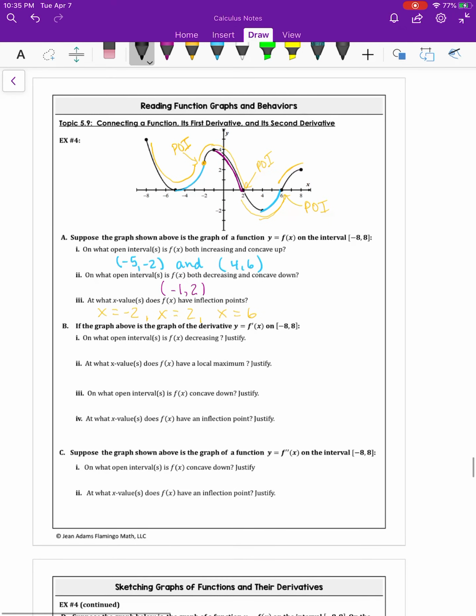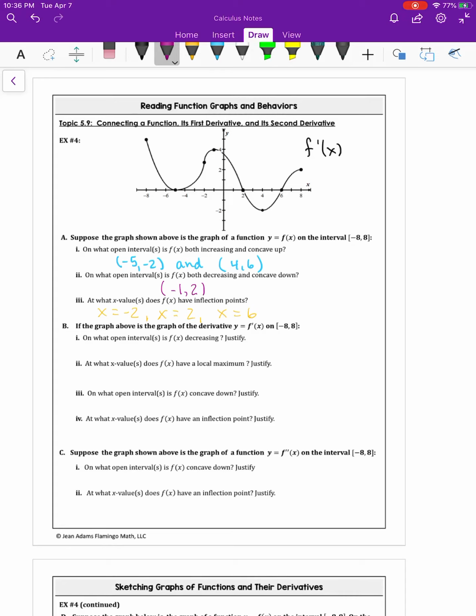If the graph above is the graph of the derivative, now we're going to pretend this graph is the derivative. So I'm going to erase all the stuff that we did, because now we have to look at it for part B. What if this was our derivative? I'm going to say that this is f prime of x. On what open intervals is f of x decreasing?